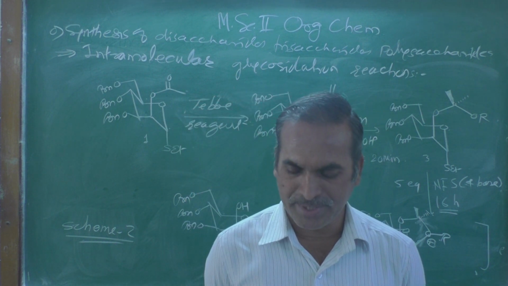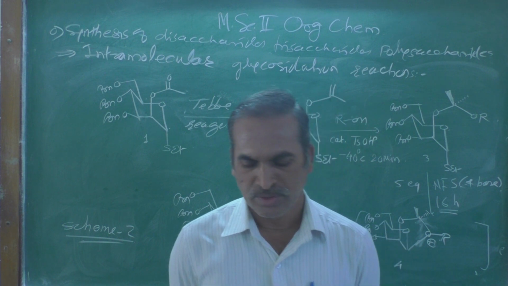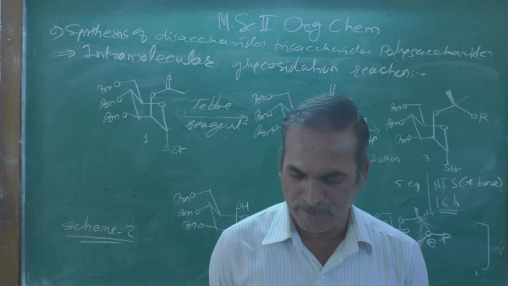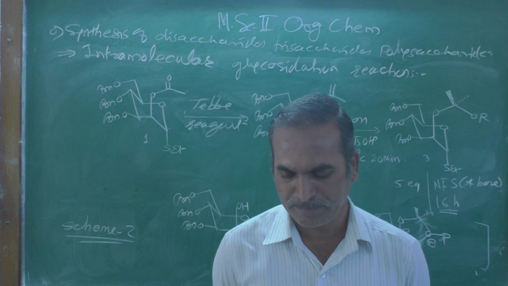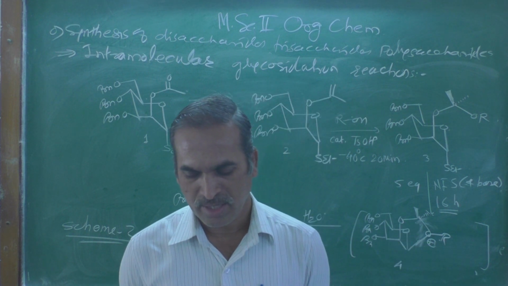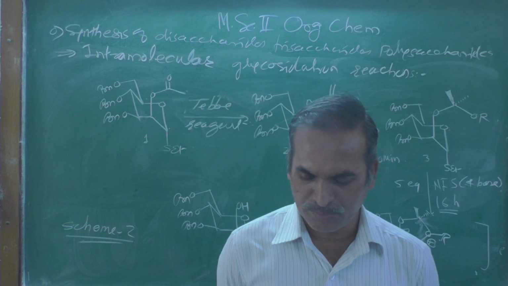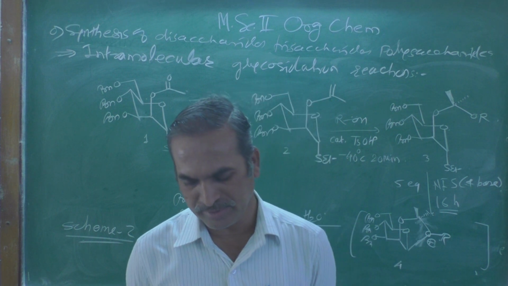A similar approach was taken by Ito and Ogawa, these are the scientists' names, who introduced paramethoxybenzyl, PMB for short, as a carbon tether, with alcohols protected with PMB.